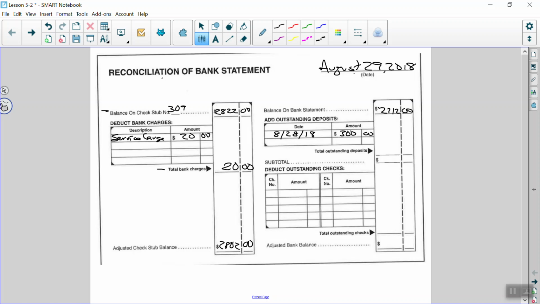If I had a second one, I would put the second one there, and I would add them up. We only have one, so I'm gonna put my total outstanding deposits, 300. That needs to be added to the statement balance. Okay, so 300 plus 2712, 3012, right?